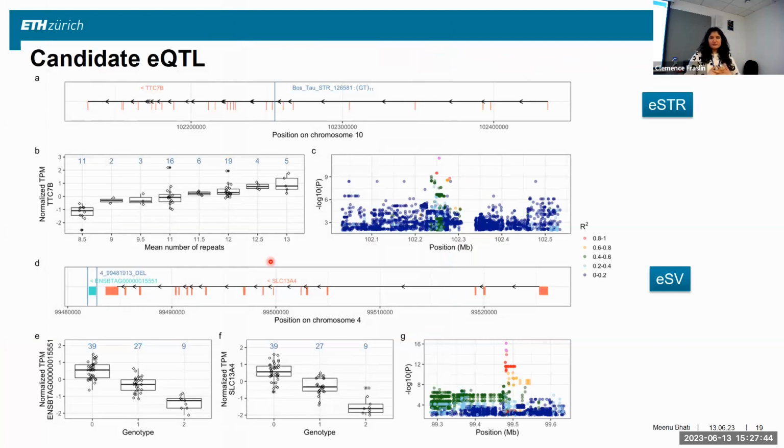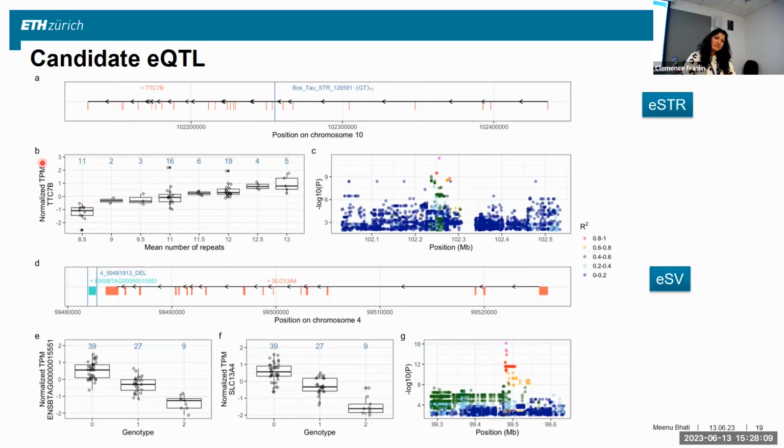So as an example of what I'm talking about with so many STRs and SVs, this is one of the candidate examples we tried to find. Here for this TT7B gene, you can see that this is an STR, a GT motif repeated 11 times in the genome, and it's present in the 7th intron of this gene.